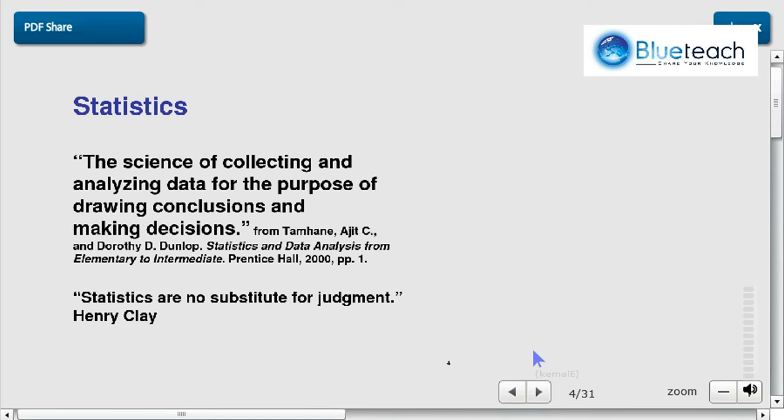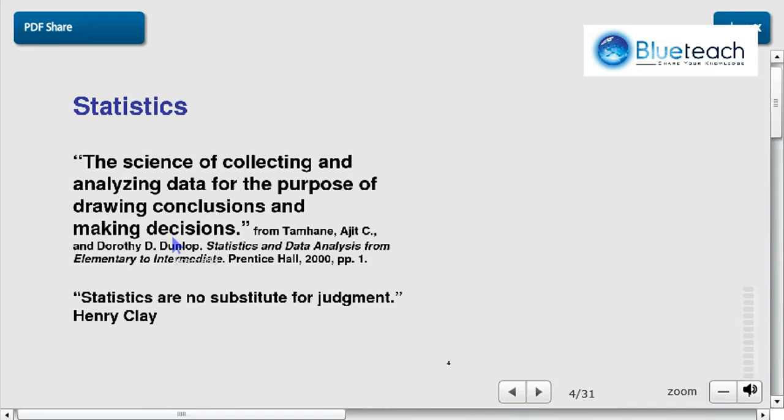Statistics is the science of collecting and analyzing data for the purpose of drawing conclusions and making decisions. So what does that mean? Imagine you want to know a fact.